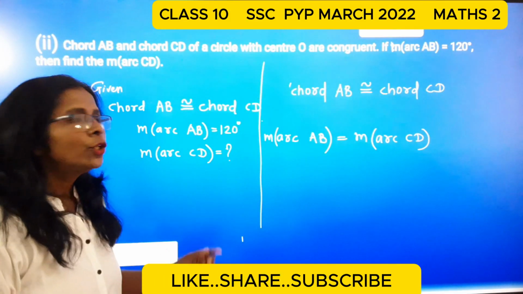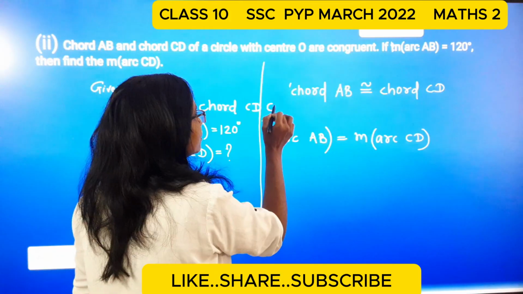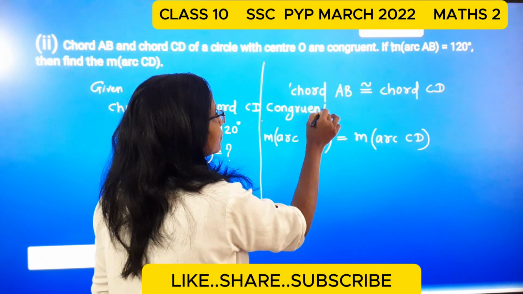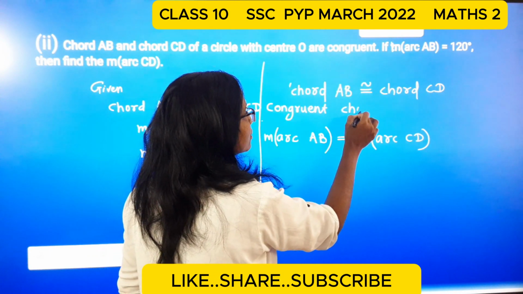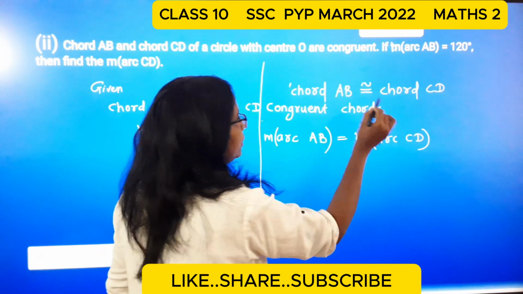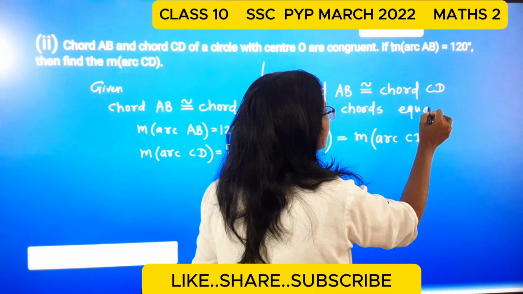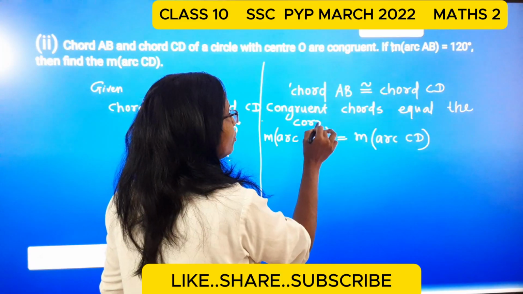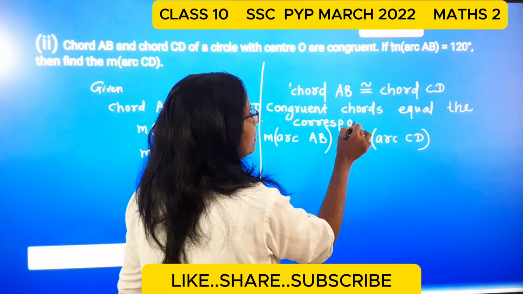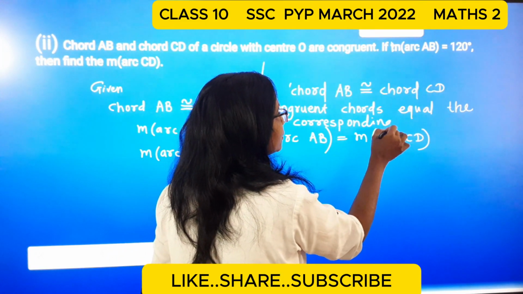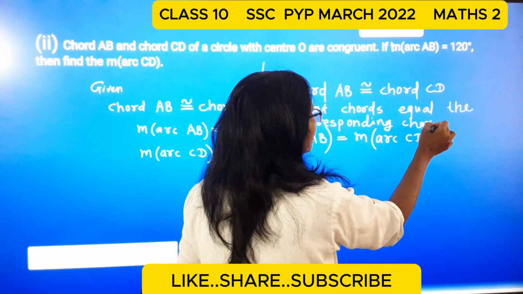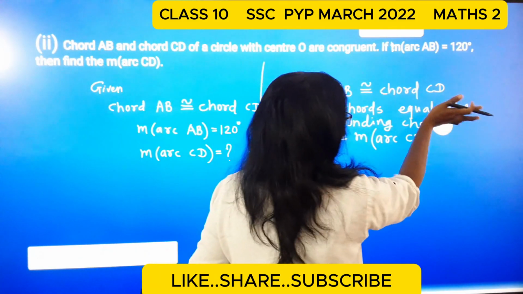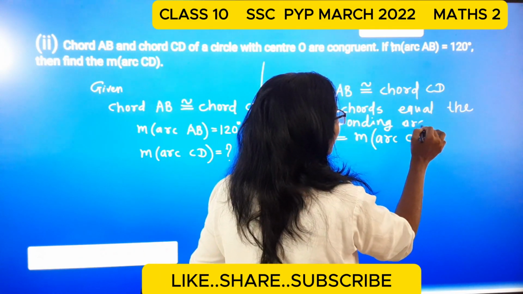Okay, because congruent chords have equal corresponding arcs.